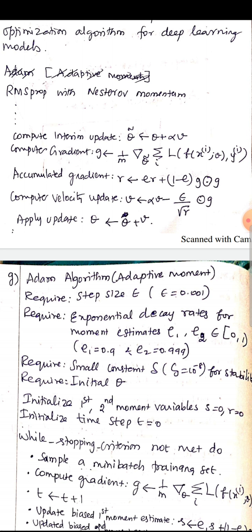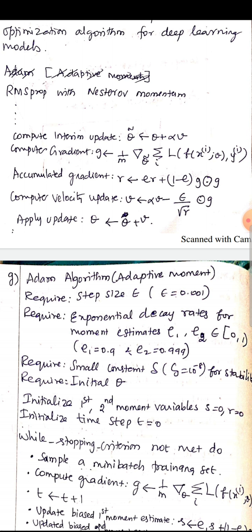Then the velocity update happens, v as alpha v minus eta by square root of r in the inner product with g. What you can observe here is that it is a combination of Nesterov momentum as well as RMS prop.